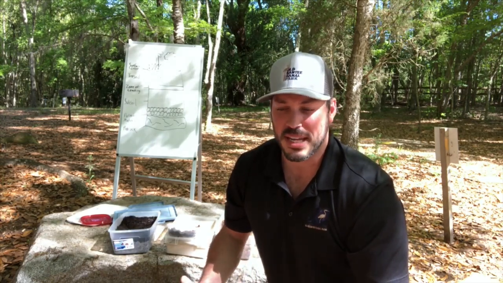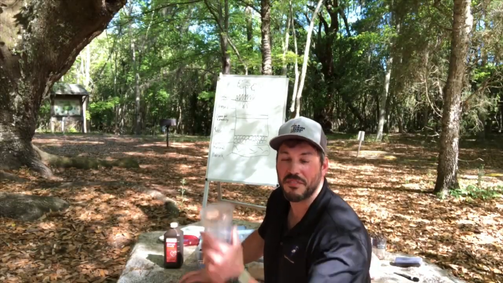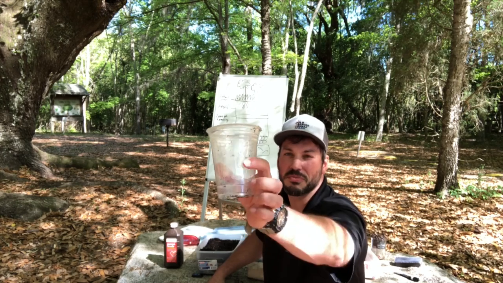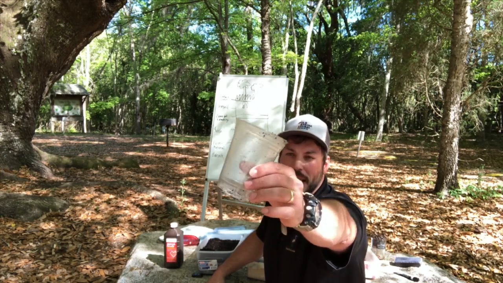So next thing I want you to do, I want you to grab a cup, just a Dixie cup, maybe a plastic cup, could be any kind of cup that you don't mind getting dirt in. And then I want you to get some hydrogen peroxide. So hold on one second. All right, so I found my cup. This is just a regular old plastic cup.